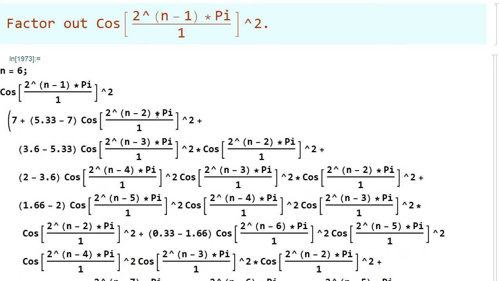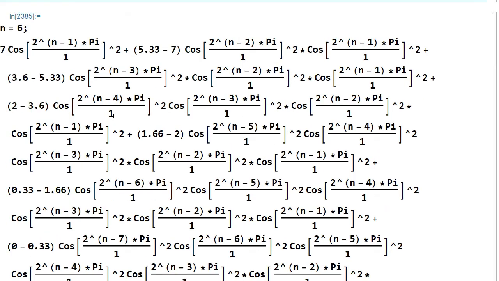So now what we're tempted to do is to factor out these cosine expressions from the whole function. So this is factoring out. I'm just going to talk in terms of this. This is n minus 1. I factored it out of all of this. So this is the previous.